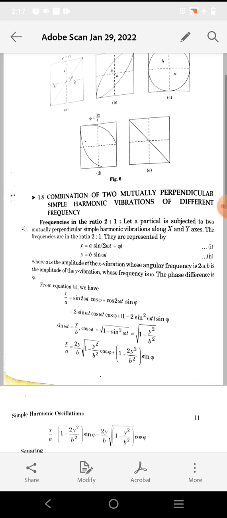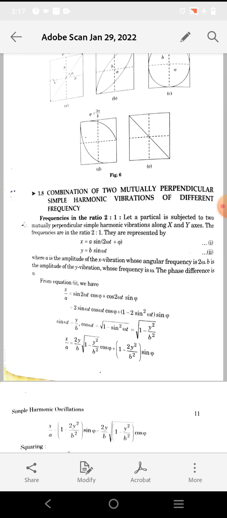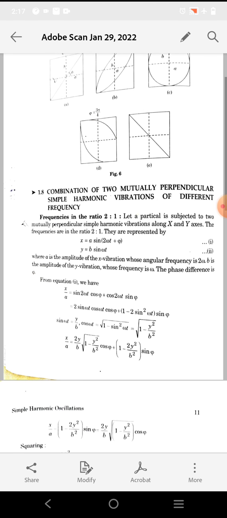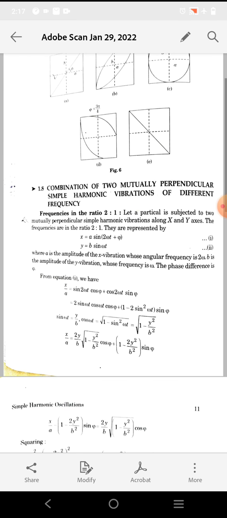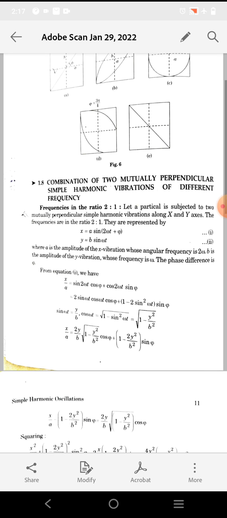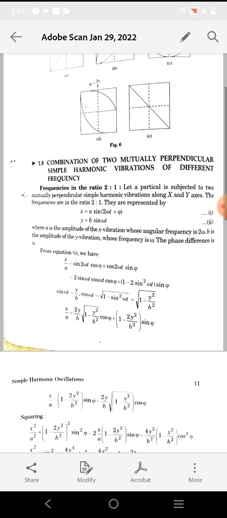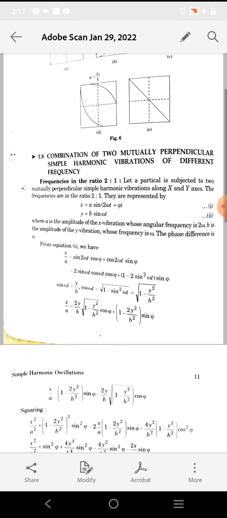So already we say that one is an x direction displacement, another one is a y direction displacement. But here the condition is they differ in frequency, that is 2:1 ratio. So let a particle be subjected to two mutually perpendicular simple harmonic vibrations along the x and y axis.